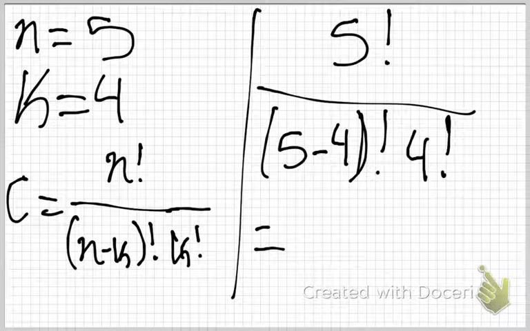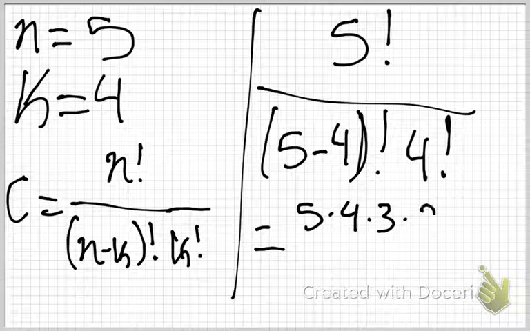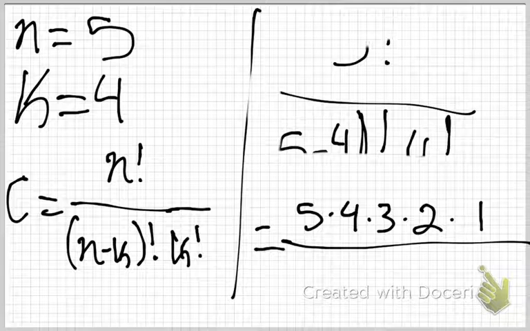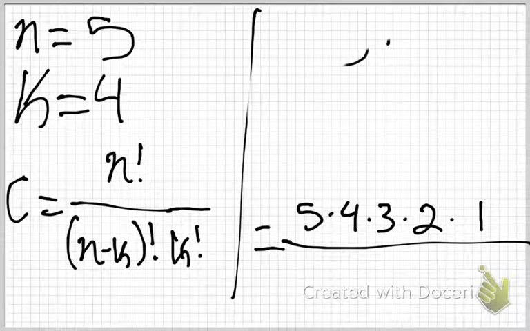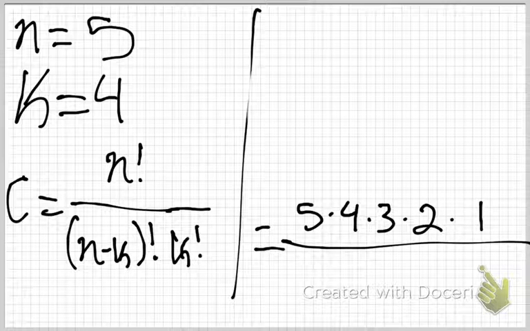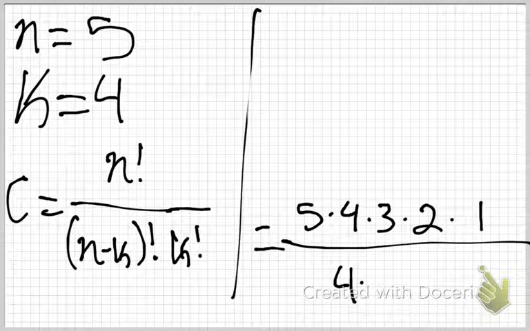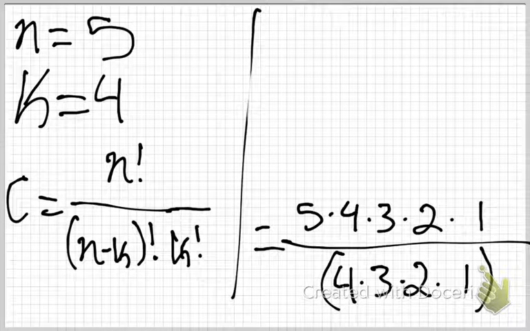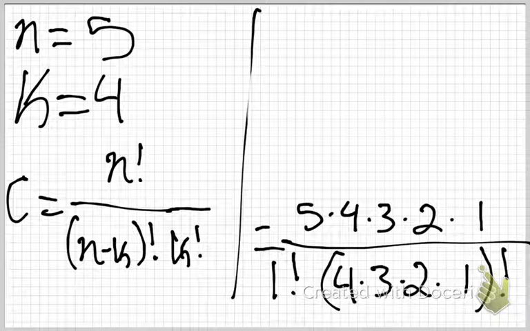That reduces to 5 times 4 times 3 times 2 times 1, all of that divided by 4 factorial times n minus k factorial. 5 minus 4 factorial is just 1 factorial. What does that simplify to?